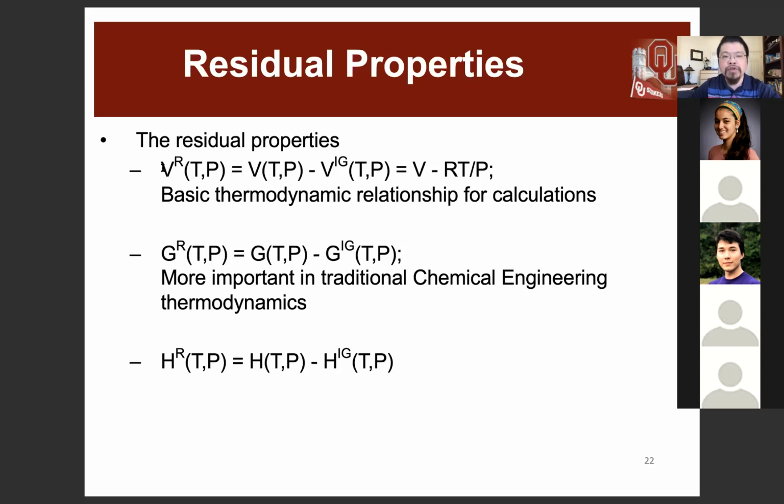According to the definition, it's V^R equals V real at T and P minus V ideal gas. For the volume calculation, it's quite easy, we can take advantage of PV equals RT. So at this temperature and pressure, RT over P shall be the ideal gas behavior value, right?